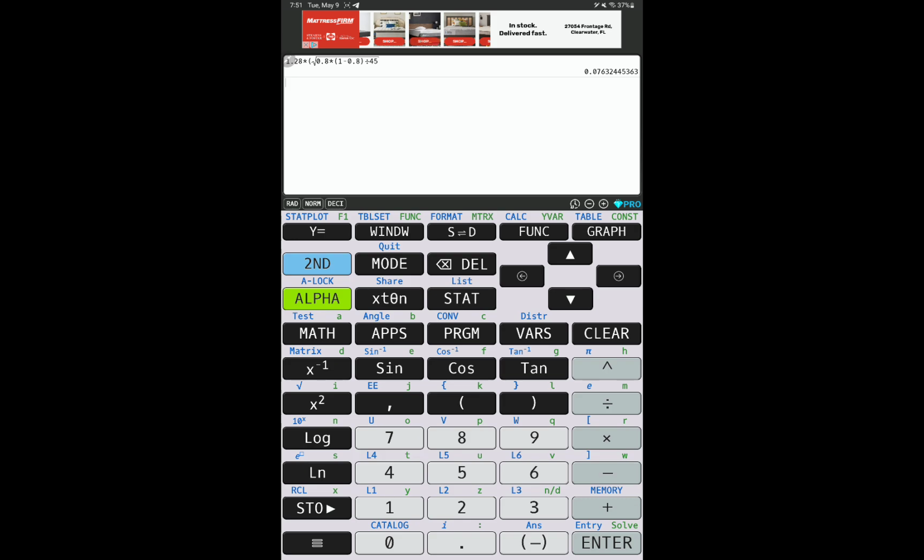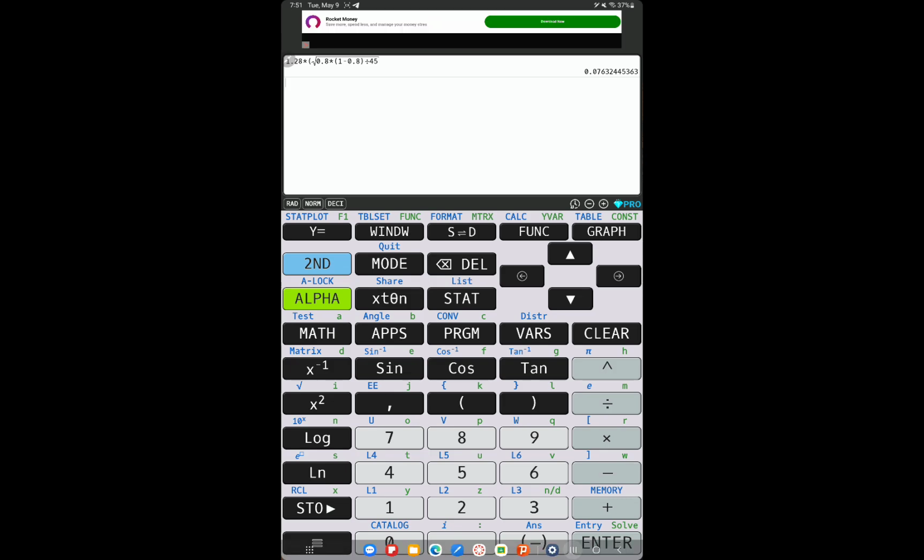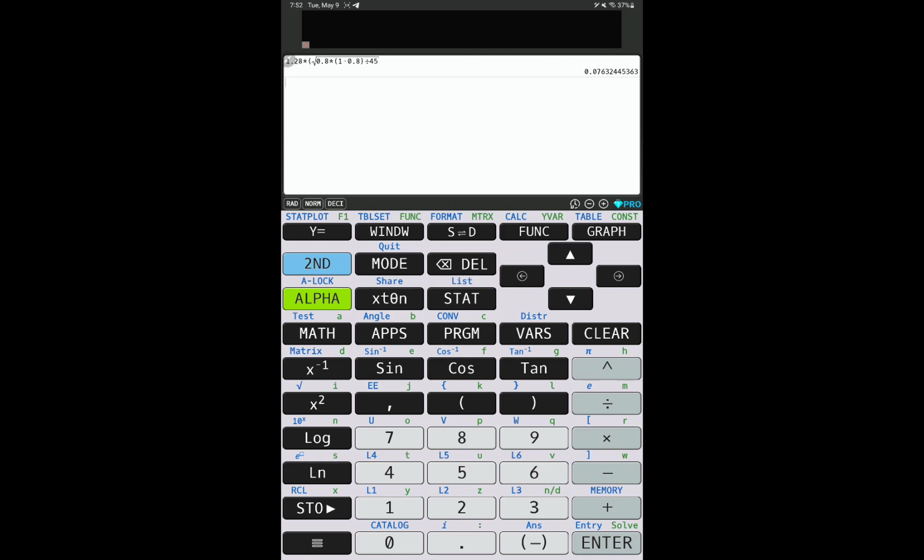All right, guys, after plugging in the first part of the equation into the calculator, we get 0.076, right? And essentially what you do with that now is you add that to the 0.8.